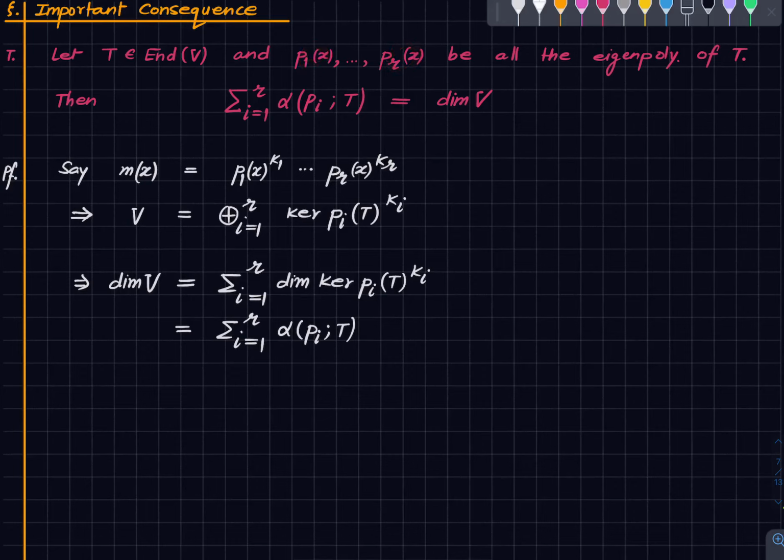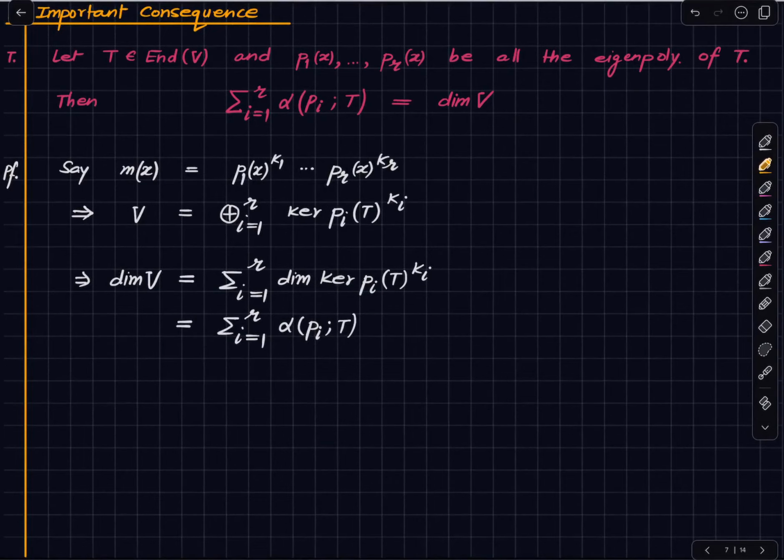So it says that the algebraic multiplicity of all the eigenvalues sum up to the dimension of the vector space whenever V is a complex vector space. So that's a nice conclusion, and you can find that conclusion in textbooks. That's the standard theorem in textbooks, but what we have done is just generalize it to arbitrary vector spaces. All we needed to do was generalize the notion of an eigenvalue to an eigen polynomial. That's all. That was the inspiration for defining that.